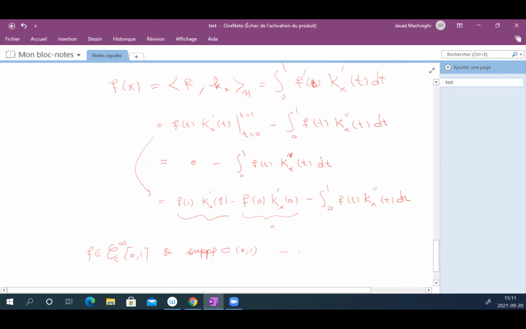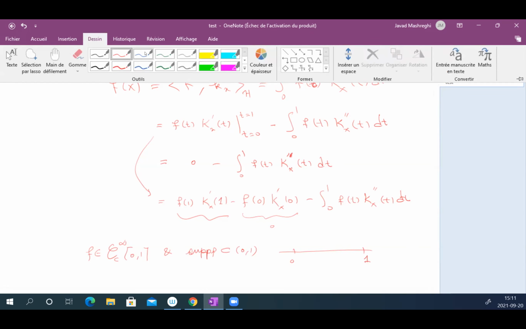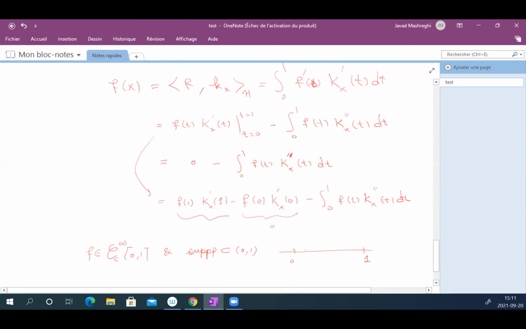We are working with this class of functions, not the whole space H. So if 0 and 1 are here, the functions we consider are something like this. A little bit bigger than 0, everything is 0 from minus infinity up to here. And also a little bit less than 1, say here, everything is 0. Even if we want to extend to infinity, it's okay. And the action is happening in between.